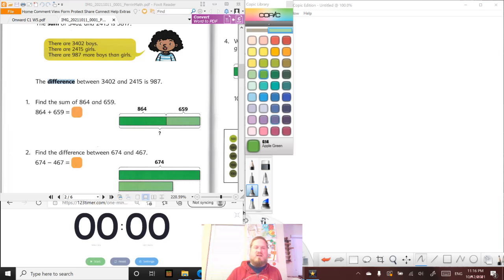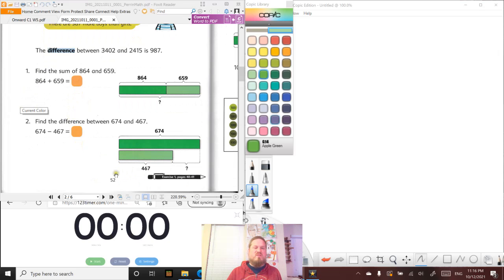So now let's look at task number 1 in your workbook on page 52. And get ready to write these in your notebook and do them in your notebook. So the first problem is find the sum of 864 and 659. We're doing the sum. It means we're adding. And one way to think about it is this part whole chart. We know part 1, 864.